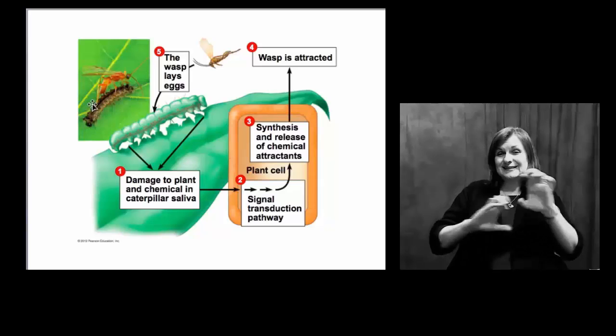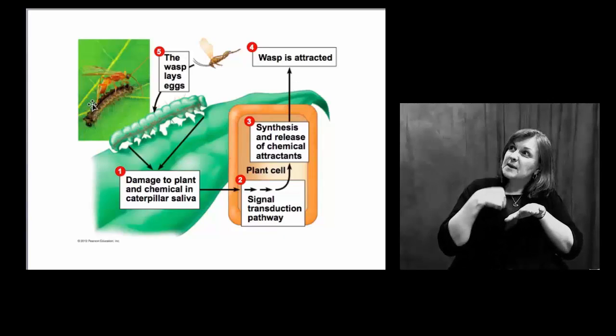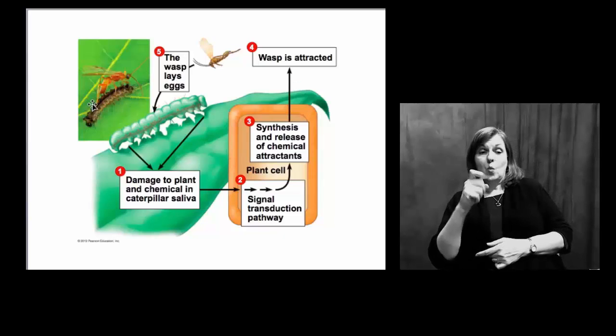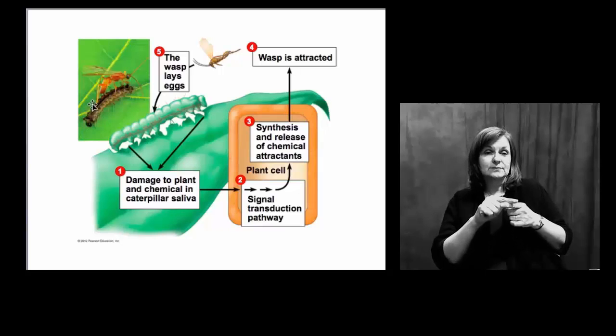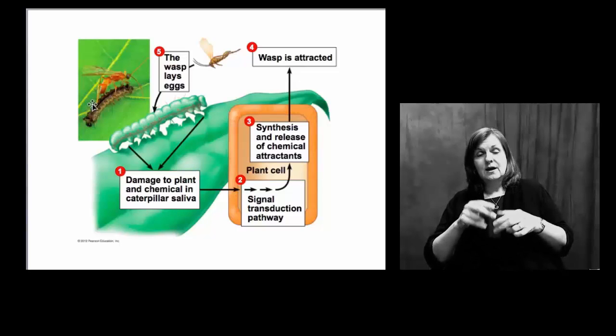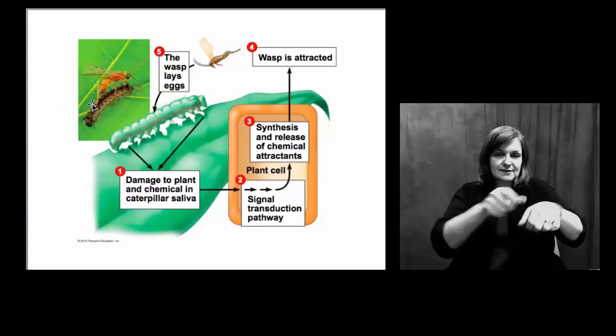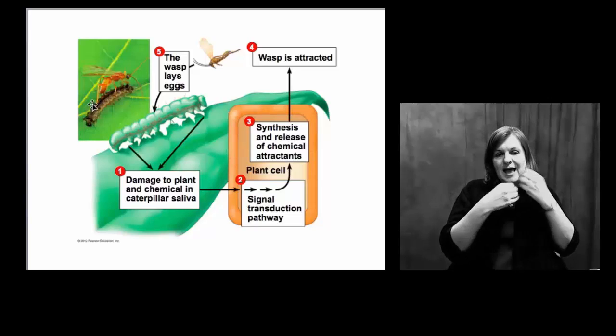Well, the plant has sent a signal that attracts a wasp to say, hey, look over here. There's this caterpillar eating me. The wasp needs to find those caterpillars because the caterpillar is going to incubate the wasp eggs. When those wasp eggs then hatch, they will literally eat the caterpillar from the inside out and hatch out of the back of the caterpillar.